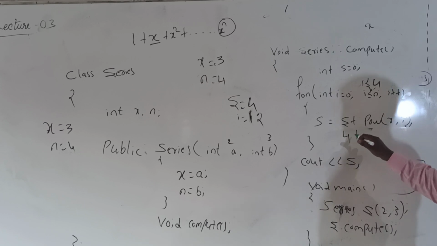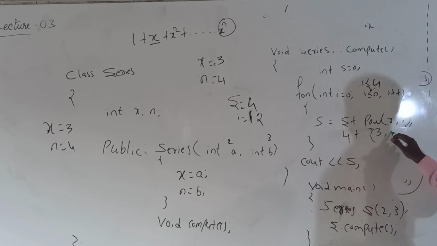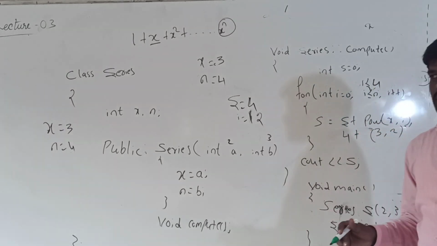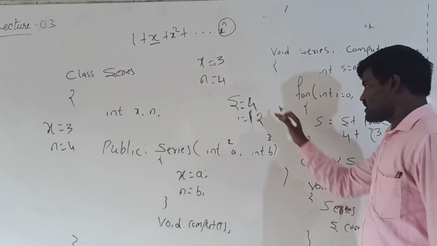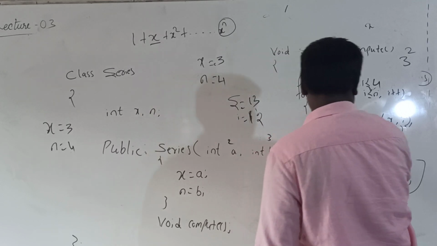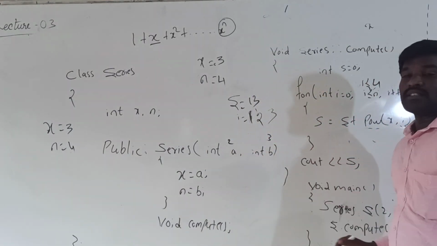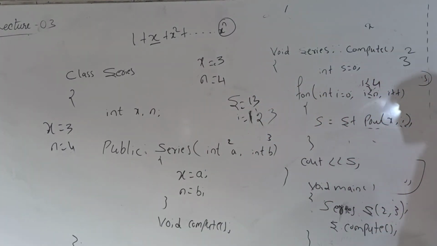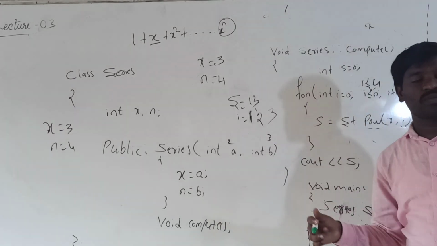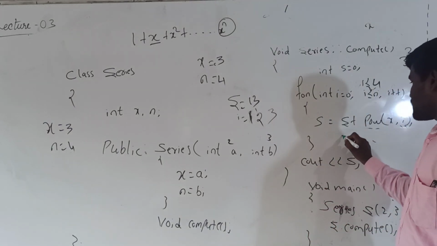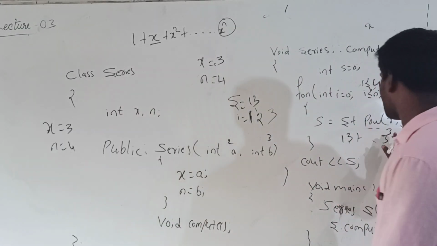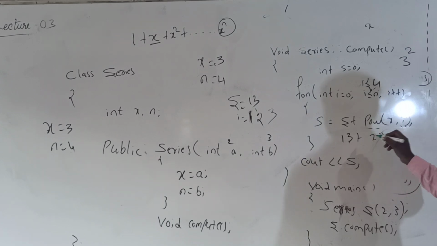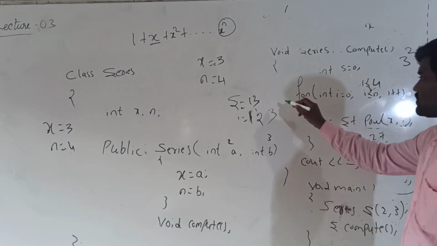Here s value is 4 plus 3 raised to 2, 3 to the power of 2 means 3 into 3, 9, 9 plus 4 means 13, yes become 13. Next i become 3, 3 is less than or equal to 4, condition is true. So here s value is 13 plus 3 raised to 3, 3 3s are 9, 9 3s are 27, 27 plus 13, that is 40.